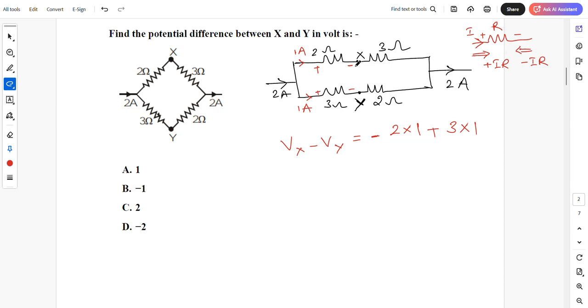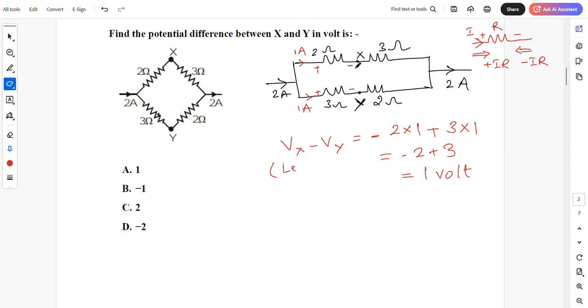Why am I writing minus? Because we are moving from x to y like this. So minus of 2 into 1, and if I move like this, plus of 3 into 1, that is equal to minus 2 plus 3, that is equal to 1 volt, right?